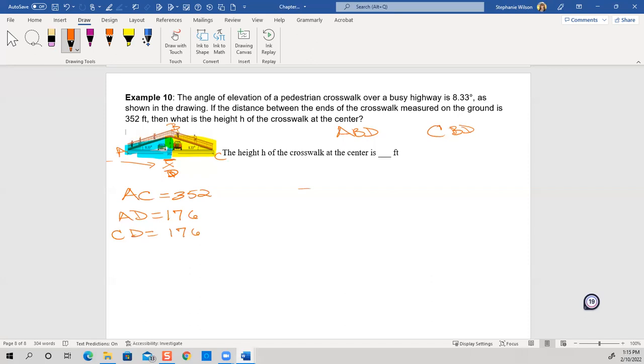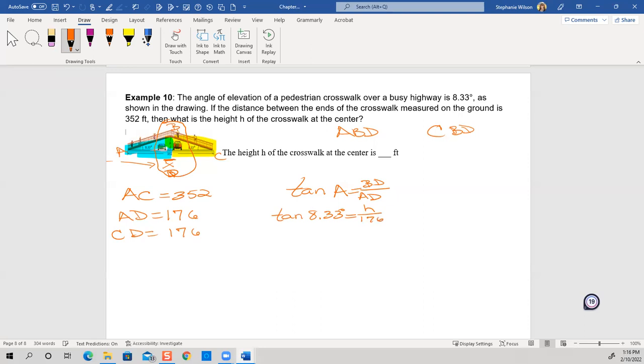So we have tangent of A is equal to BD over AD. Well, I know what A is. It was given, 8.33 degrees. We don't know what BD is, but you see this is actually my height, so I'm going to call it H. I do know what AD is. We just found that it is 176.